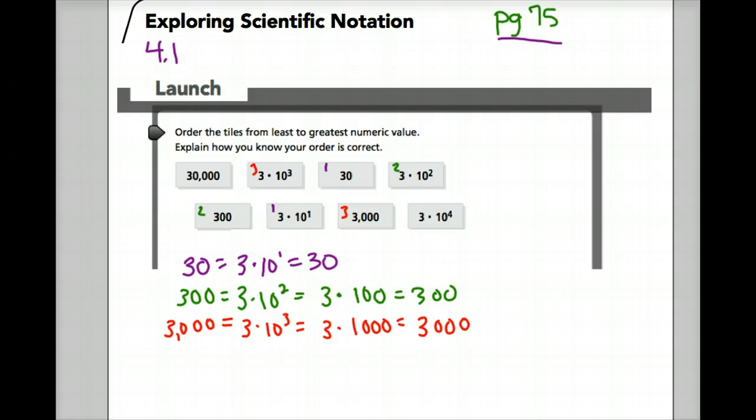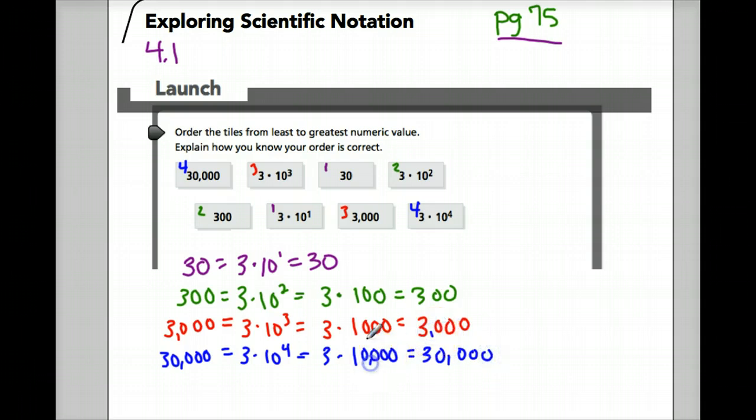And our last one, we have 3 times 10 to the fourth power, and we also have 30,000. Notice we added another 0. This one has 4 zeros, this one has 3. It equals 3 times 10 to the fourth, which equals 3 times 10,000, which gives me 30,000.